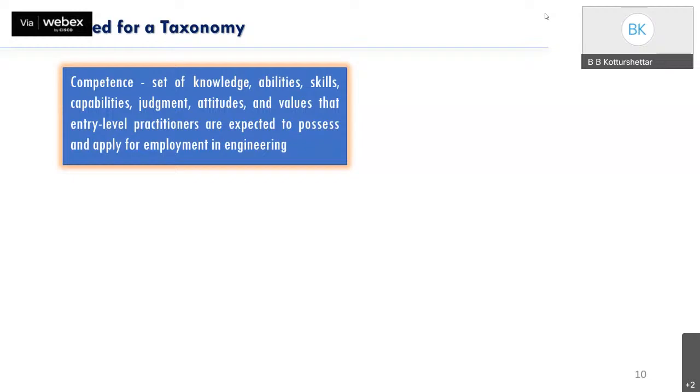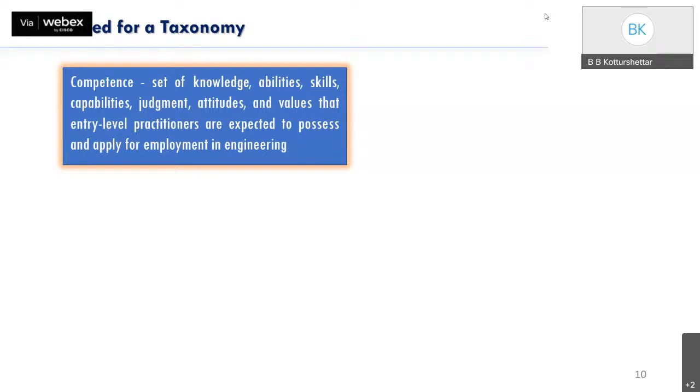So in order to ensure that students acquire these competences, there is a systematic approach to assessing the students' competence. So when we say competence, it is a set of knowledge, abilities, skills, capabilities, etc.